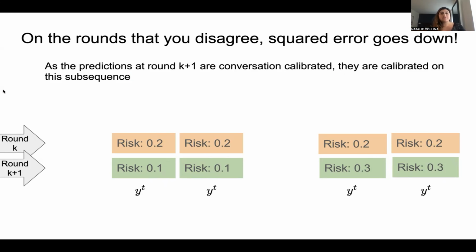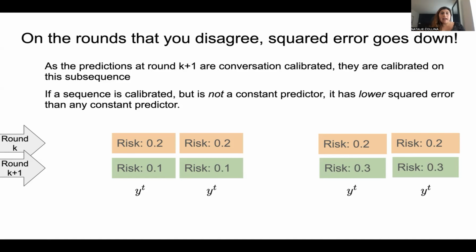So here's a nice fact about calibrated subsequences. Any sequence that's calibrated, but is not a constant predictor, has lower squared error than any constant predictor. Why is that true? Imagine I have a sequence which half the time is 1 and half the time is 0. The constant predictor will just say 1/2 for everything in the sequence, and that will be calibrated. But there are lots of other ways to be calibrated, right? You could get exactly 1 every time it's 1 and 0 every time it's 0.